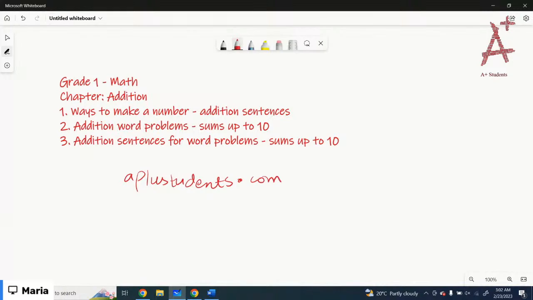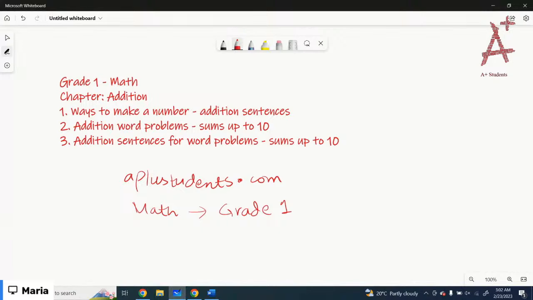You have to log in there using your email address, and the password is provided by the administrator. Then you have to select math from the subject tab. Scroll down to grade 1 and then click on view all lessons. There you can find a list of the chapters.